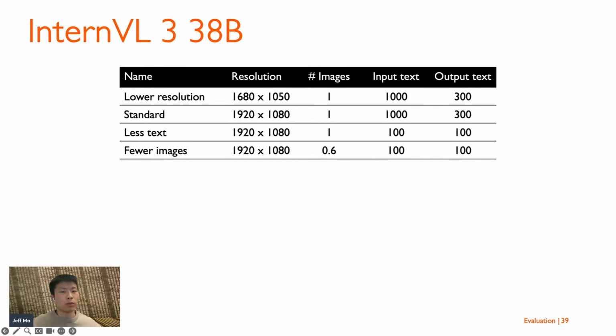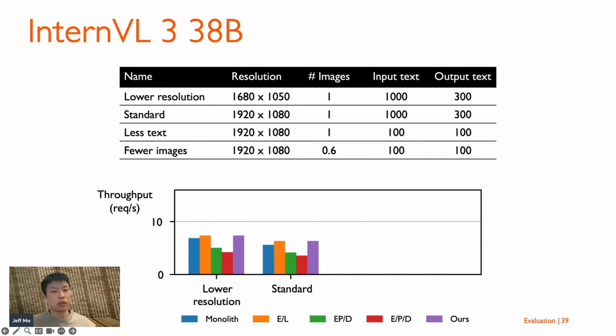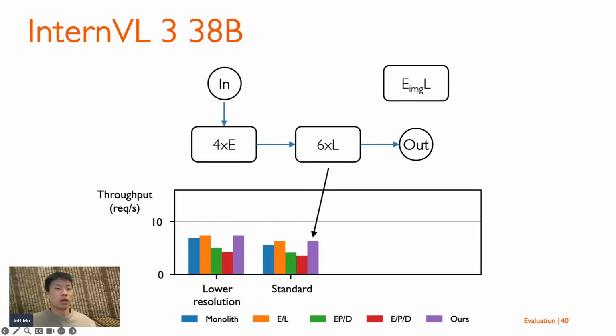Here, the number 0.6 means for each request, there's a 60% chance that it includes one image of the given resolution. For the first two cases, we could see that disaggregated encoder is better. And in this case, our Cornserve planner outputs the optimal deployment strategy as 4 encoder instances with 6 disaggregated LM instances.